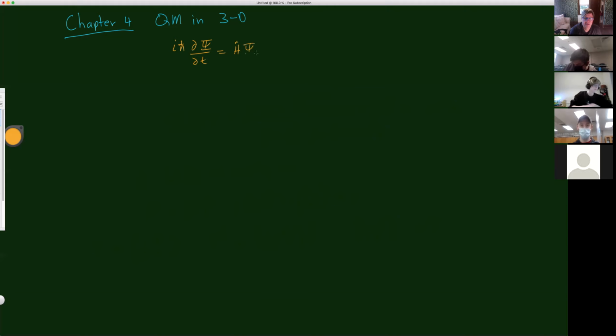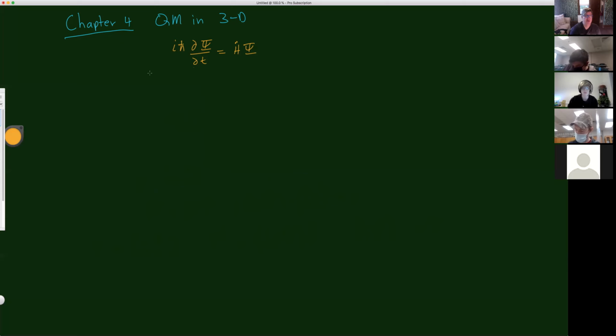Right, this is the TDSE. Remember the H operator, right? So I'm going to write down the H operator. This doesn't look different in this form, but the H operator is a little different because it doesn't just have the momentum in the x direction. It has the momentum in the x direction, y direction, and z direction if you're in Cartesian.